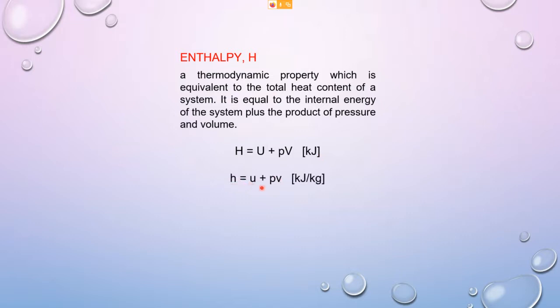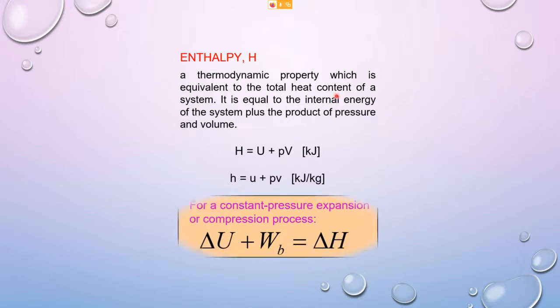If you have h = u + pv, this is the specific enthalpy, specific internal energy, and specific volume, and it will give you kilojoules per kg. Okay, so that's for enthalpy.